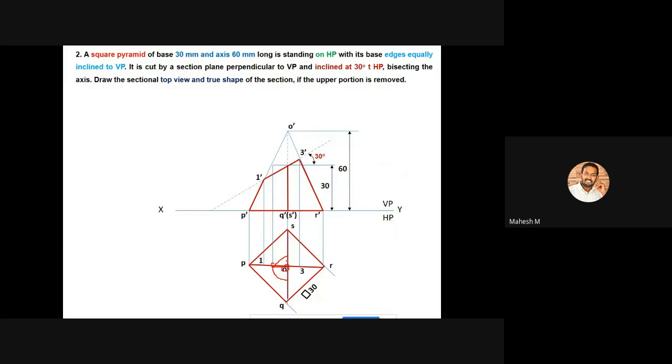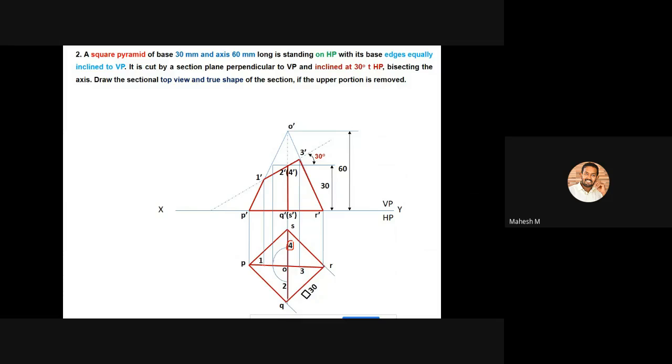So now you will get the remaining 2 points. Okay, so like this, so you will get a name called 2 at O to Q. Then you will get another one more point at 4. Okay, so now you got all the 4 points.